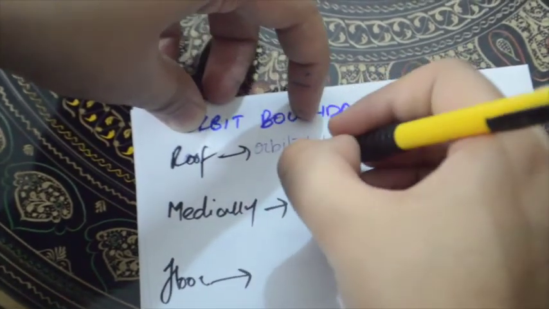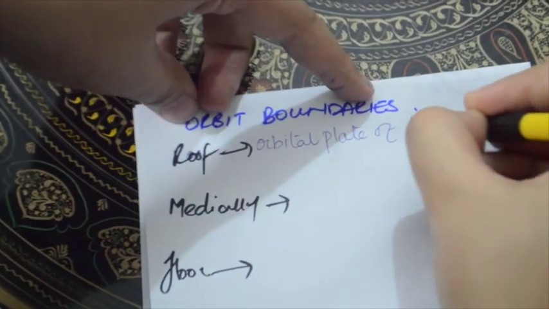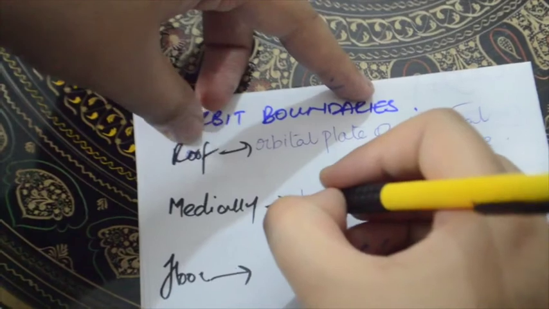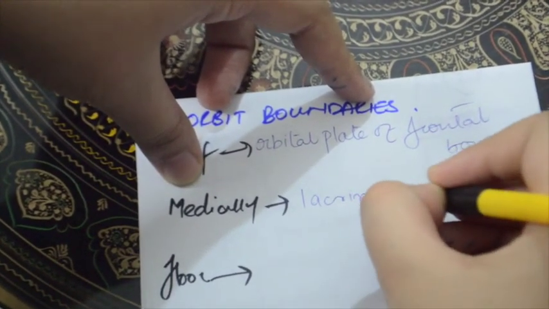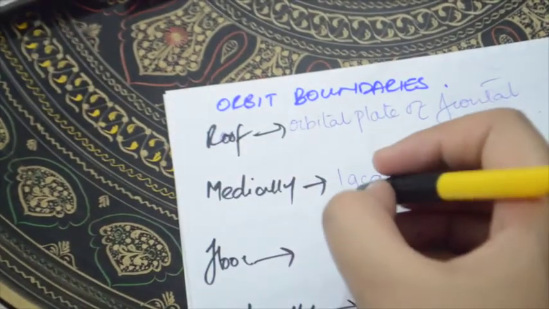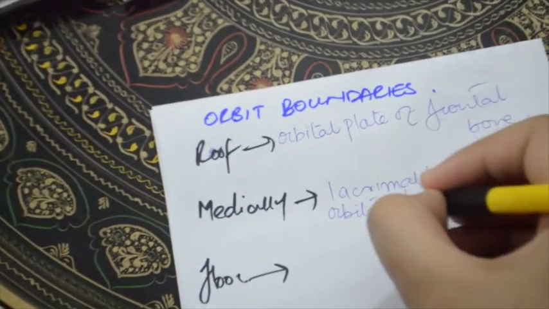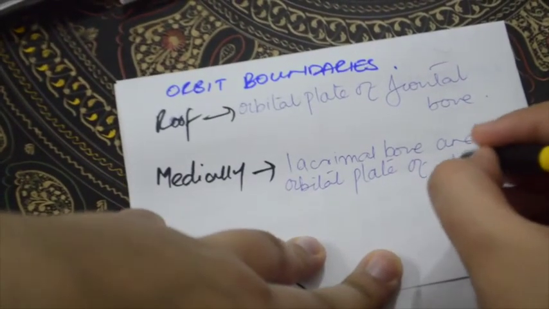Orbital plate of frontal bone, as we did earlier, forms the roof. Medially there is the lacrimal bone, and as we did earlier, there is the orbital plate of the ethmoid bone.